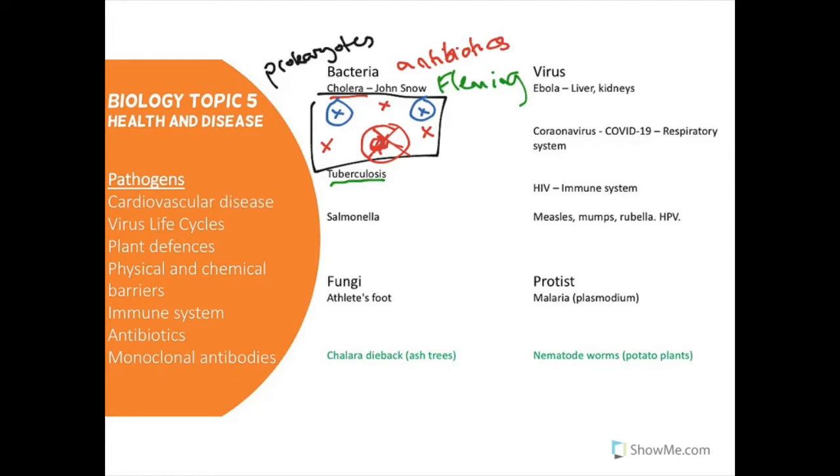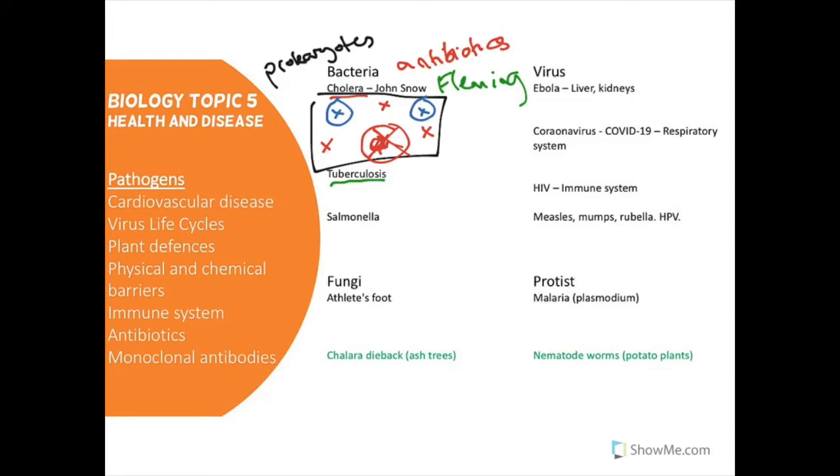One disease that used to kill lots and lots of people was TB, tuberculosis. If you got tuberculosis now, it's very, very uncommon because fewer people have it because of antibiotics. But if you did get it now, you could go to the doctors or the hospital and get a course of antibiotics, which would clear it up very, very quickly.